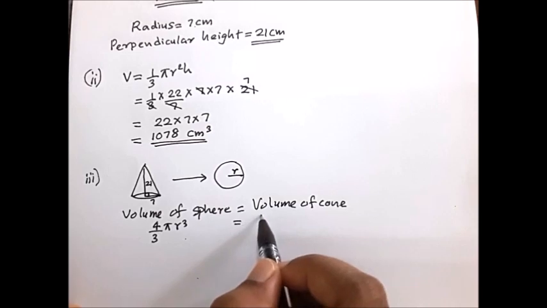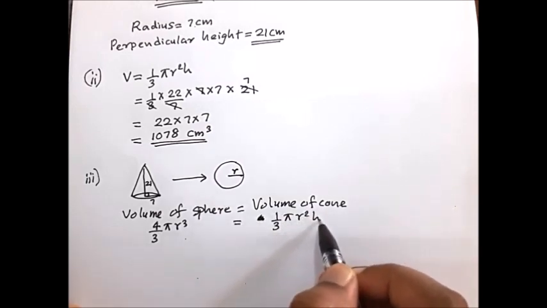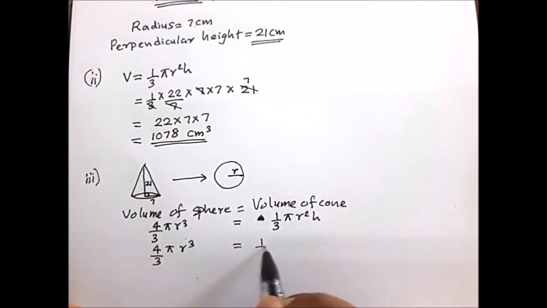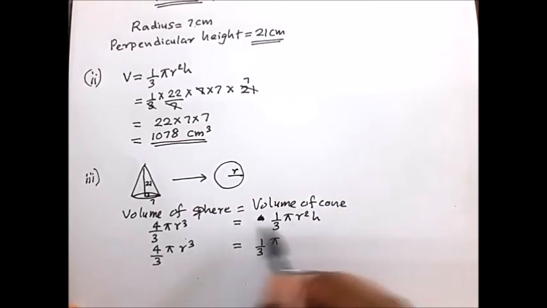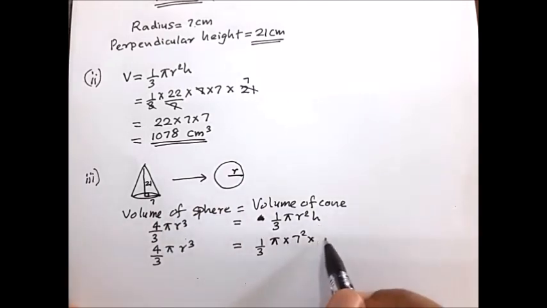The formula for volume of a cone is 1 over 3 pi r squared h. So 4 over 3 pi r cube equals 1 over 3 pi r squared, where r is 7 and height is 21.